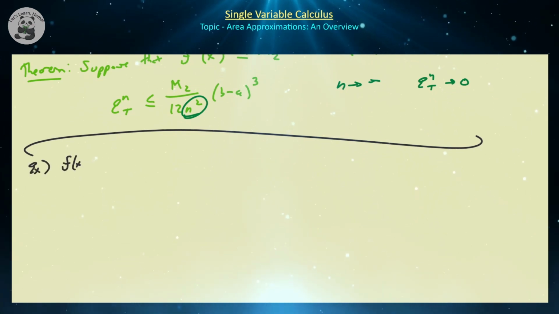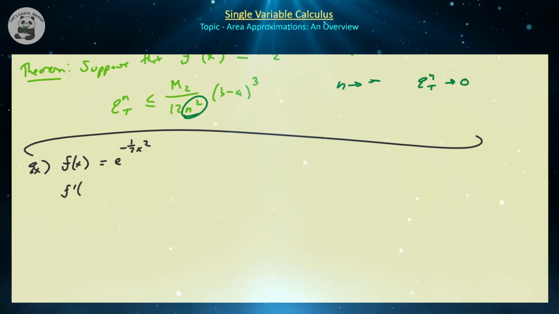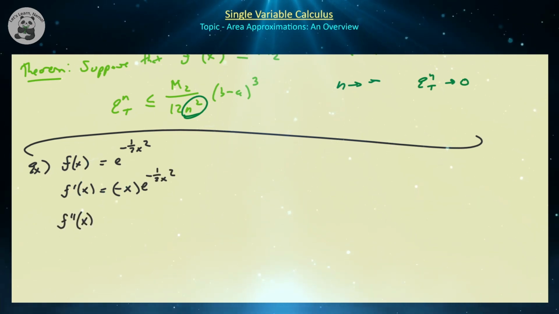Our function before, again, was e to the minus 1/2 x squared, and then f prime of x is equal to minus x times e to the minus 1/2 x squared, and f double prime of x, one can find to be equal to (x squared minus 1) e to the minus 1/2 x squared, so inflection points at plus or minus 1.